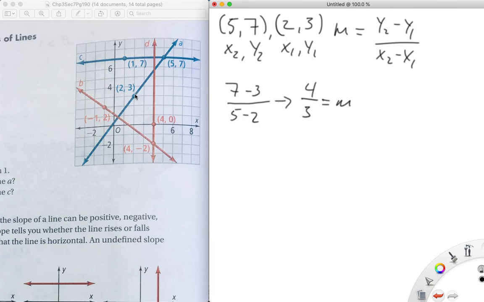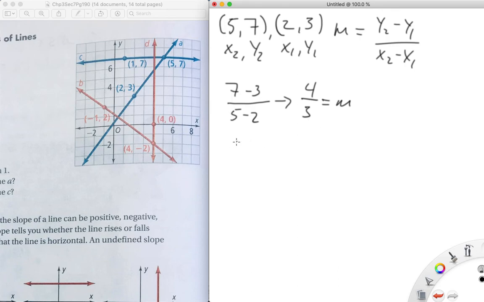If I go up 4, 1, 2, 3, 4, and over to the right 3, 1, 2, 3, boom. That is my slope. That's what that means. If I go to the right 3, 1, 2, 3, and up 4, 1, 2, 3, 4, then I get to the next point. That is my slope for A.